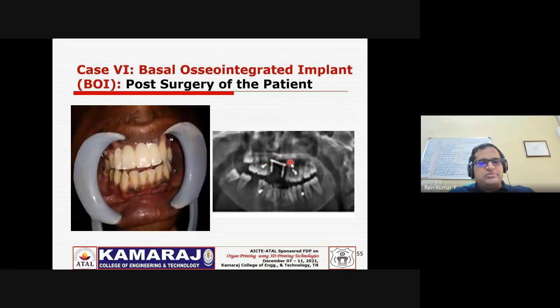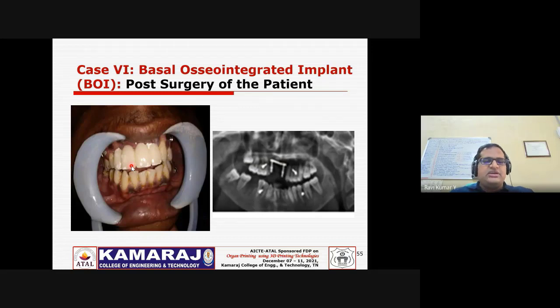This is a permanent implant, so it will be there forever. We are not going to remove it again. It will be there forever on the backside, and the teeth have been fixed.